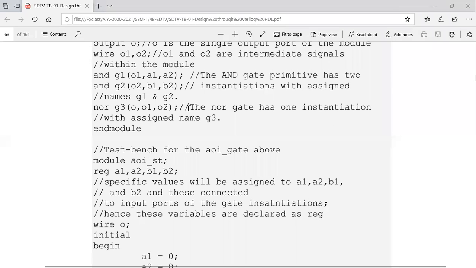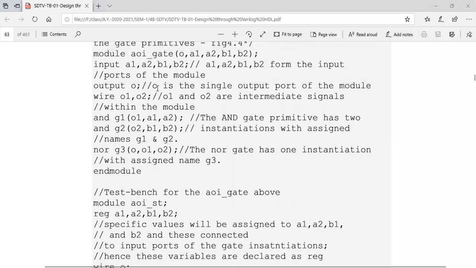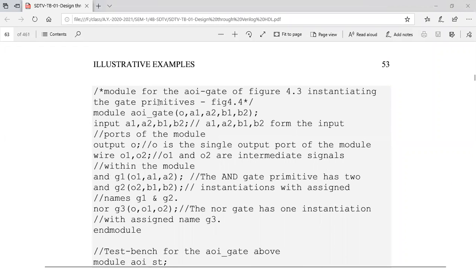After writing all this, I write endmodule. So this is the main program for the AOI gate.